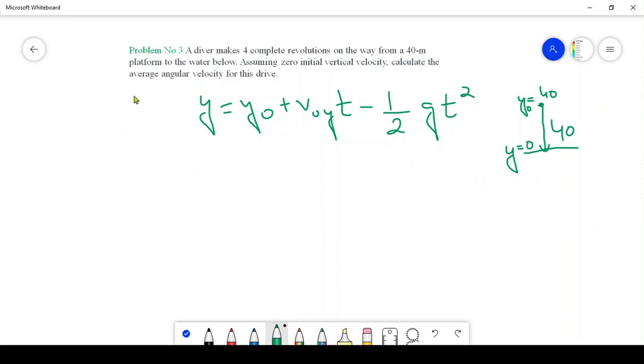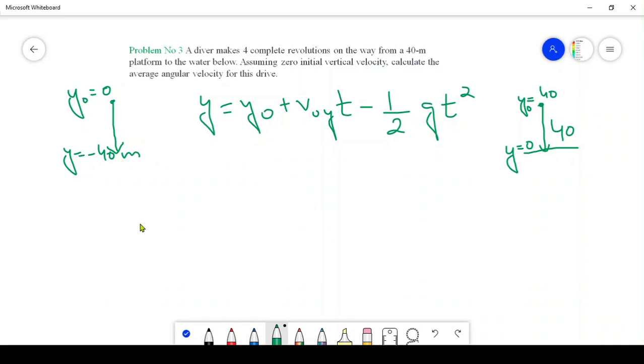Alternatively, we can say that a diver makes a jump from initial position y naught equal to 0, to a point which is 40 meters below that point. So y, or final position, would become equal to minus 40 meters.